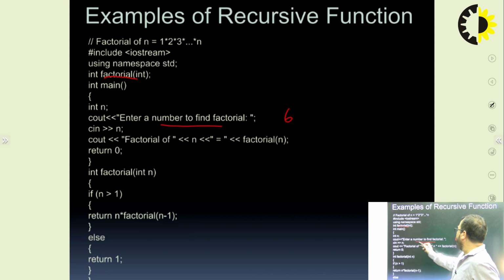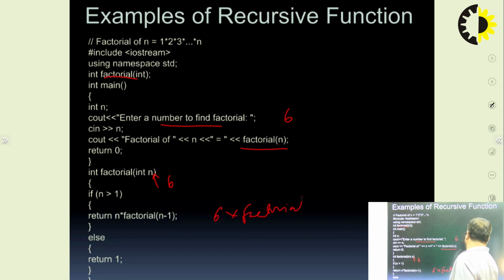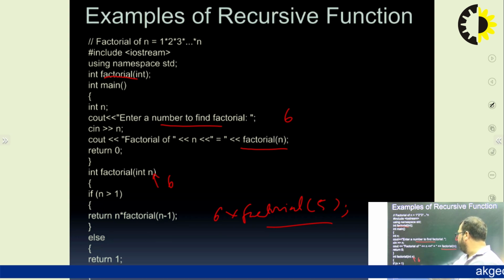So n will have 6, and factorial of n is the function call. Once factorial 6 is called, it jumps to the definition here. So n will have simply 6. If n is greater than 1, yes, it is greater than 1, so this returns n, meaning 6 into factorial 5. Again this function is called, so it calls itself.